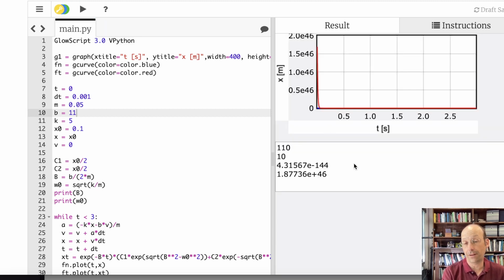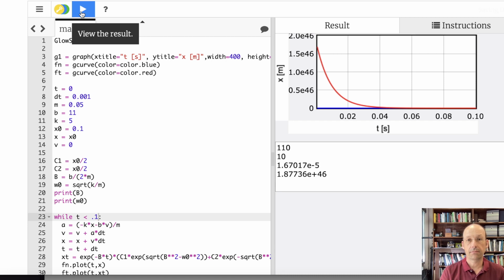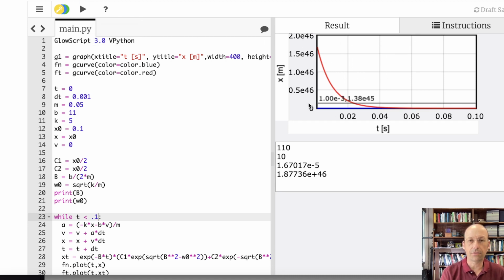Okay, so it worked that time. And in fact, it worked really too well. Let's actually run this for a much shorter time. Let's say 0.1 seconds. There. Oh, but now that looks good, but that doesn't look good. Okay, I think I need to go back to the paper.